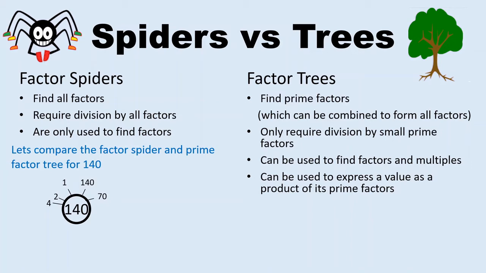Yes, it does. 140 divided by 4 is 35. Does 140 divide by 5? Yes, it does. 140 divided by 5 is 28. Does 140 divide by 6? No. In fact, we shouldn't even try 6 because 6 is a multiple of 3. If 140 can't divide by 3, it can't divide by any multiple of 3. So it can't divide by 6, but it can divide by 7.